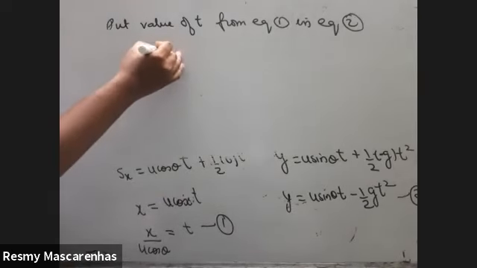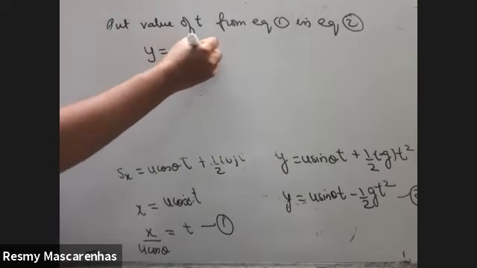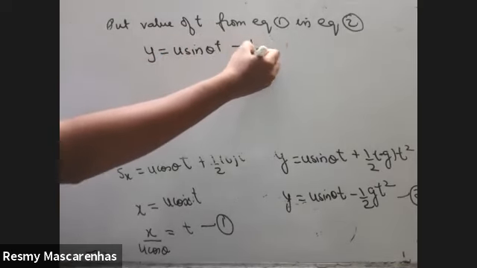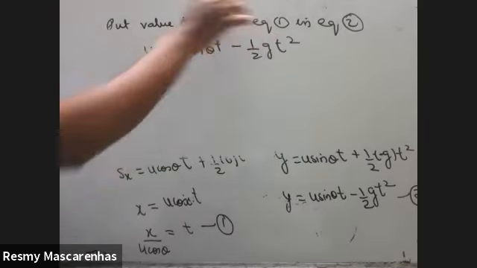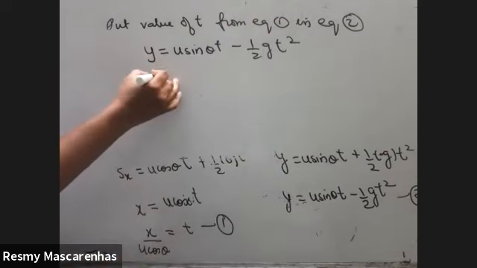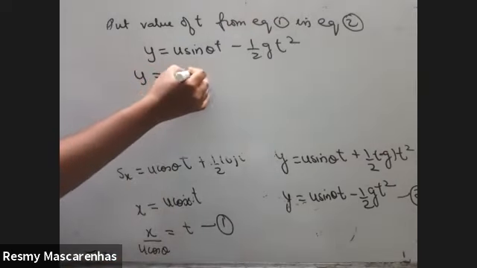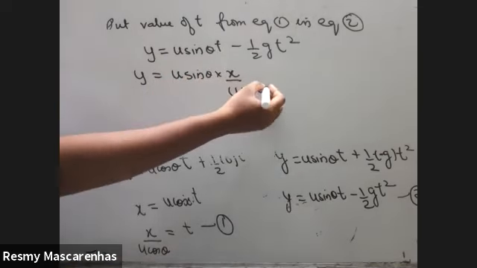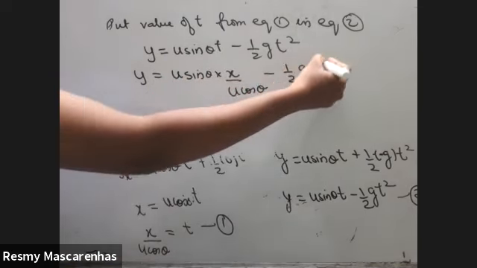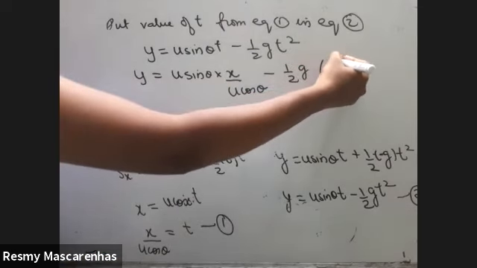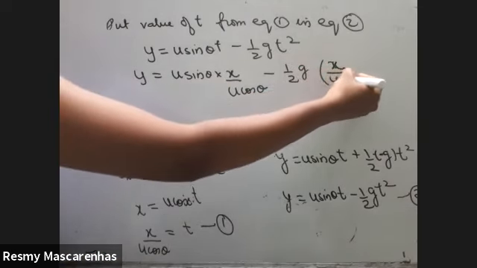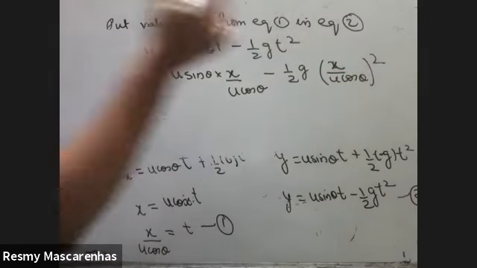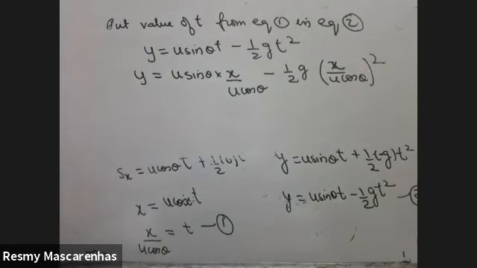So what I'll get, y is equal to, this is the equation given to me, u sin theta t minus half g t square. Wherever there is t, I'll put this. There's a square term, so it will get squared. If you notice, now the entire equation has no t term left in it. Now whatever is getting cancelled, you can cancel.